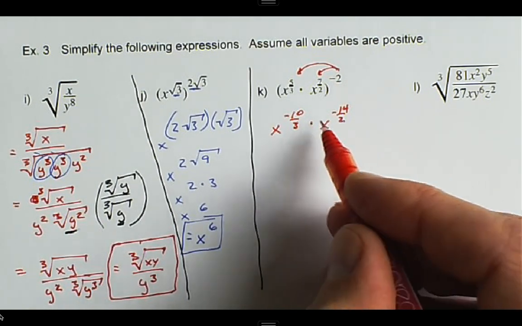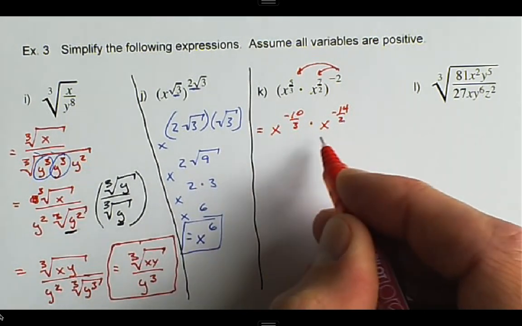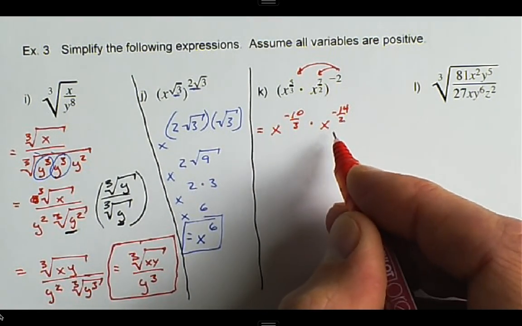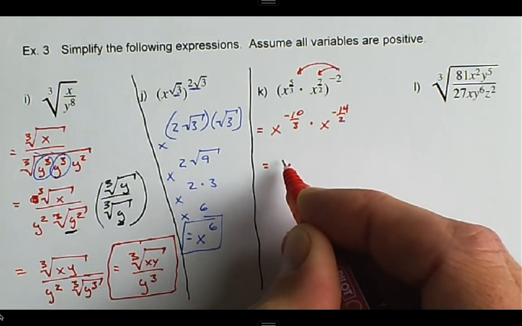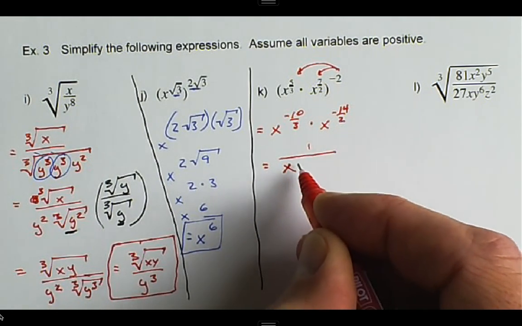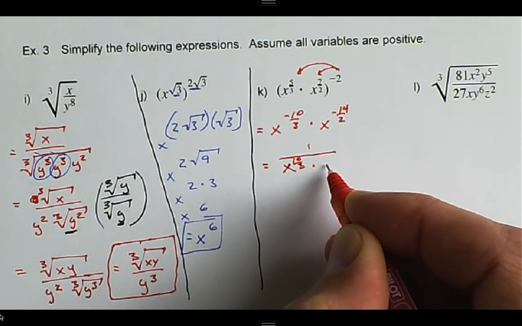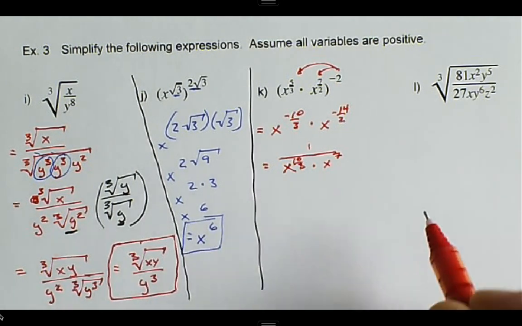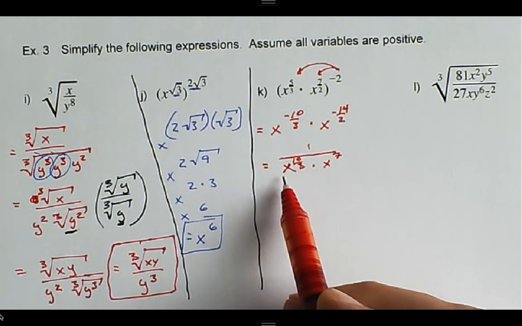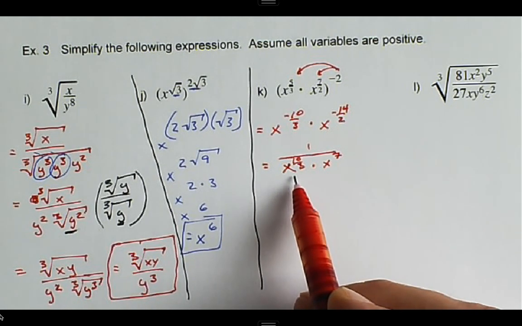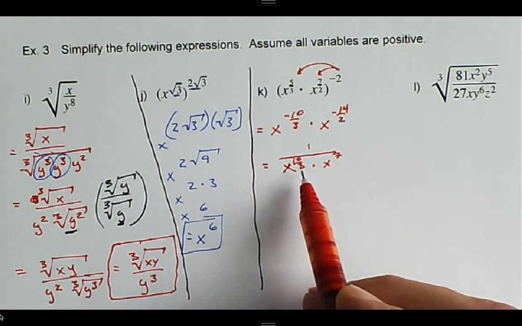And the negative sign, in order to get rid of the negative, we have to move both terms to the denominator. So that becomes 1 over x to the 10/3 times x to the 7th. So if we have the same base joined by multiplication, we can add the exponents.